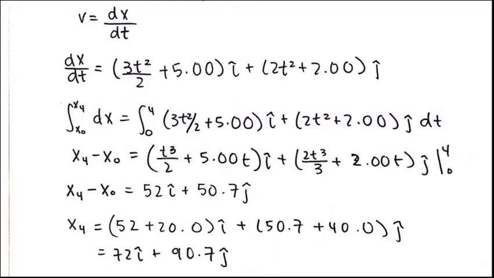And this constant is going to be the velocity vector at t equals 0. And so you end with a final result of the velocity as a function of time is equal to (3t squared over 2 plus 5) i plus (2t squared plus 2) j.